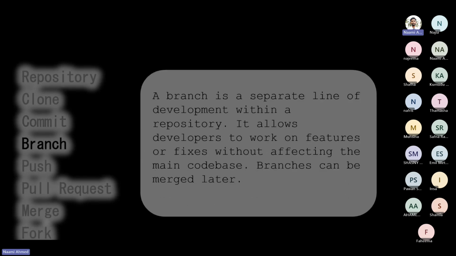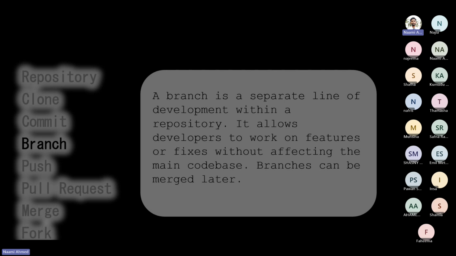Next thing is branch. Branch is a separate line of development within a repository. Please focus on that. It's a single repository. For example, previously I told there are so many developers and team members working on a single project. If all the members contribute to the same main branch, main code, it will be affected, and it will lead to conflict.